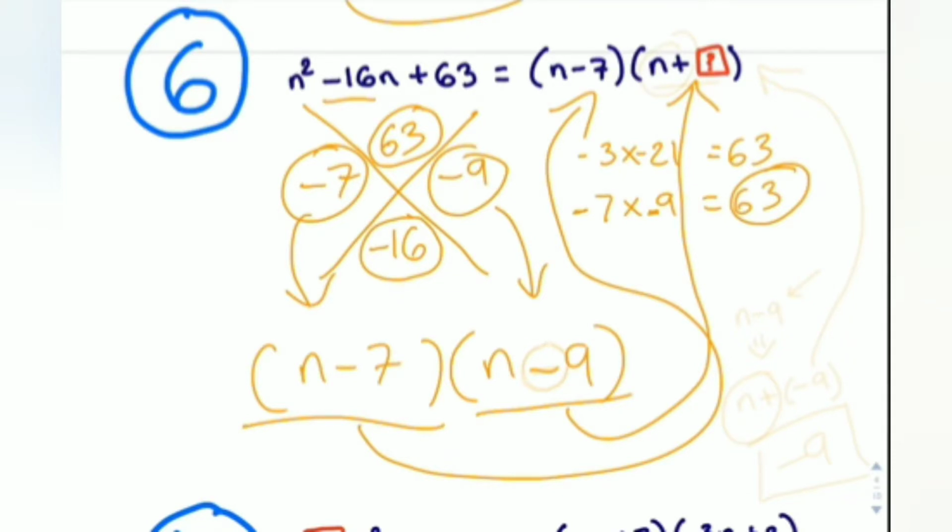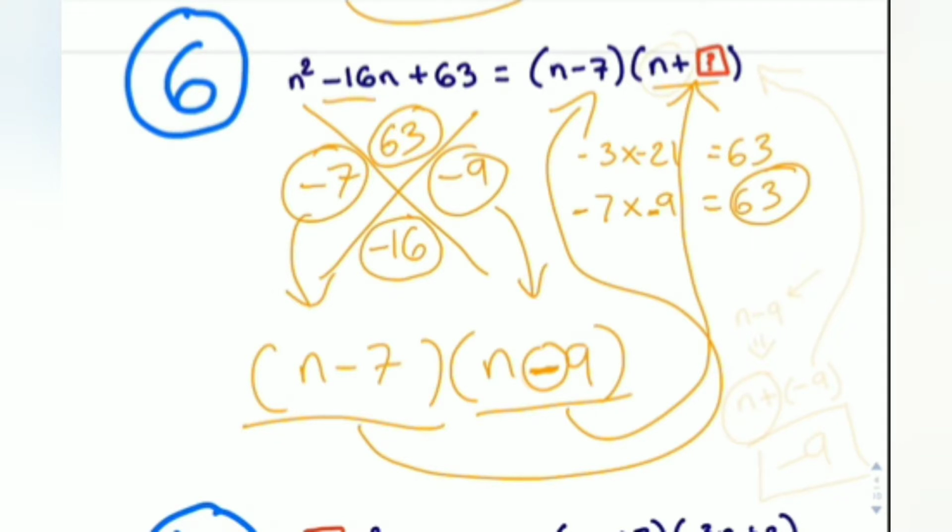Now let's see this. Here's n minus 9, and here is n plus something. So we need to convert this into positive. I always tell you, in math, you're never subtracting. Here we're subtracting, right? In math, we're never subtracting. We're always adding a negative number.